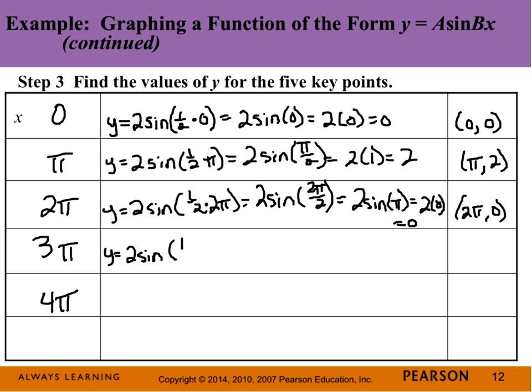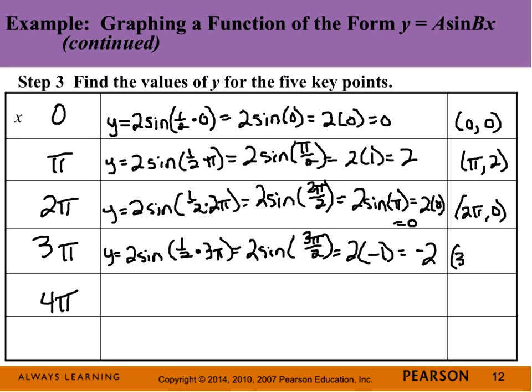Y equals 2 times the sine of 1/2 times 3 pi, which is 2 times the sine of 3 pi over 2. The sine of 3 pi over 2 is -1. And just to remind you, I'm getting the values for these sine functions from my unit circle. So 3 pi, -2. And if you had values that weren't listed on your unit circle, you could use your calculator to get those values.